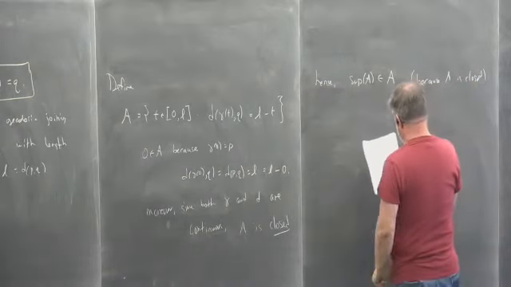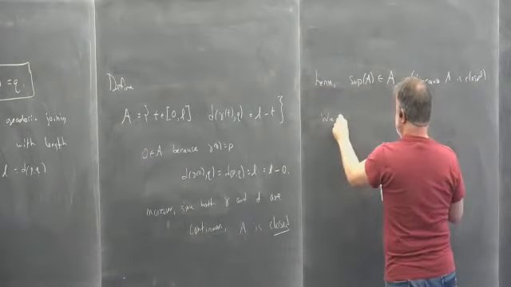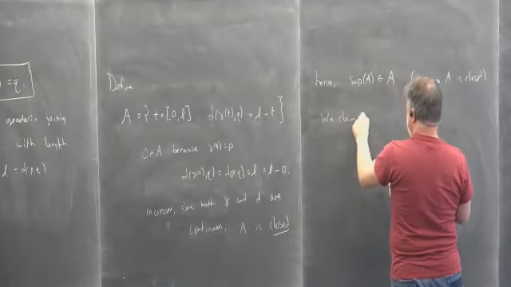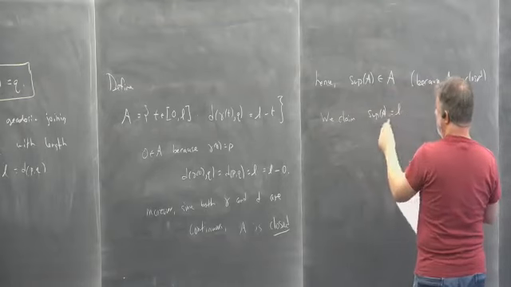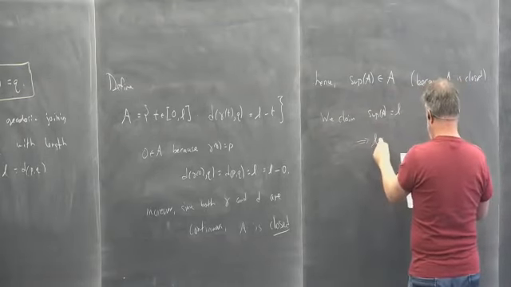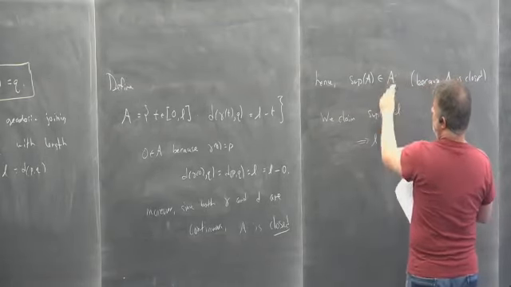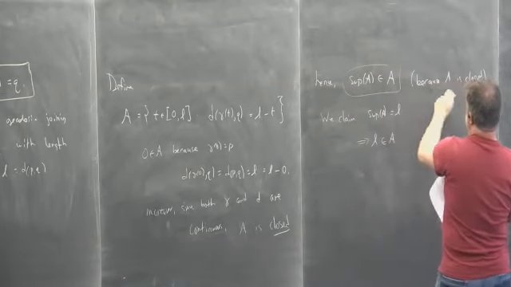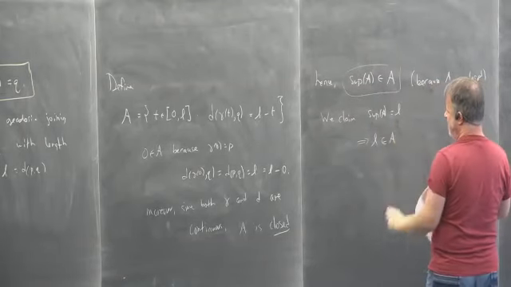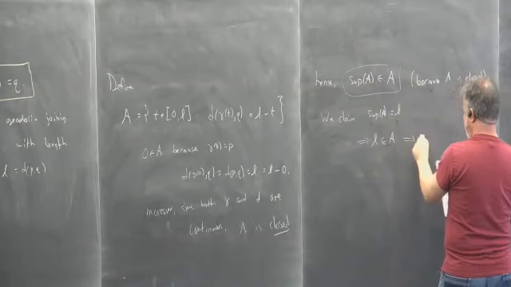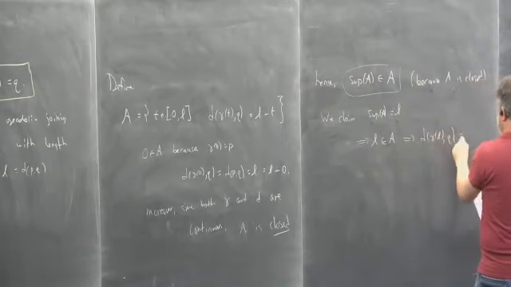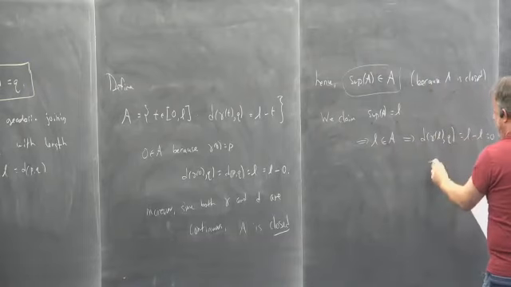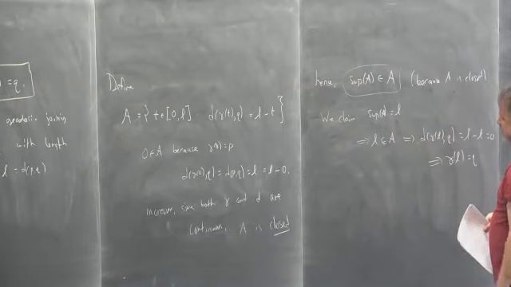Okay, so we claim that the supremum of A is L. If this is true, this implies that L is in A. The supremum of A is in A because A is closed. So if we can show the supremum is L, that means L is in A, and that means that the distance from gamma L to Q is L minus L, which is 0, and that means gamma of L has to be Q because it's a metric space.